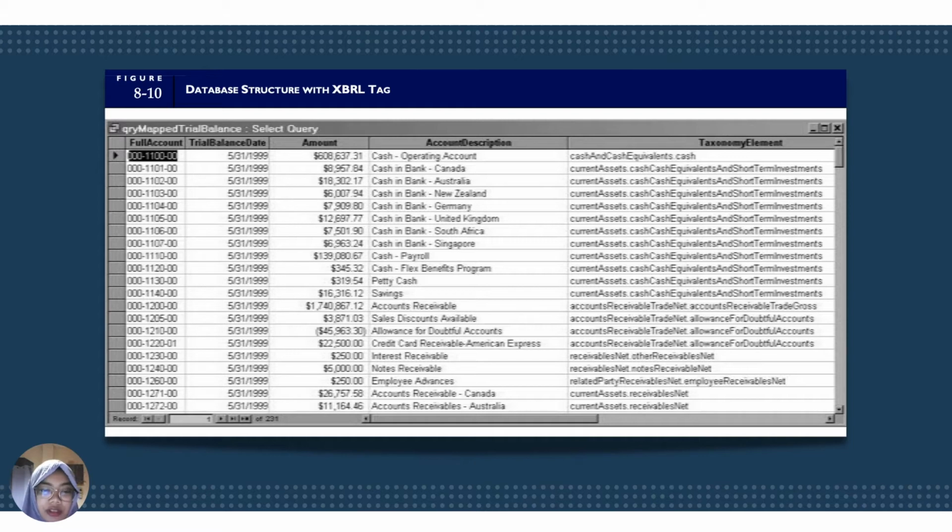Users of such financial data, for example, investors or analysts, can readily import XBRL documents into internal databases and analysis tools to greatly facilitate their financial decision-making process.